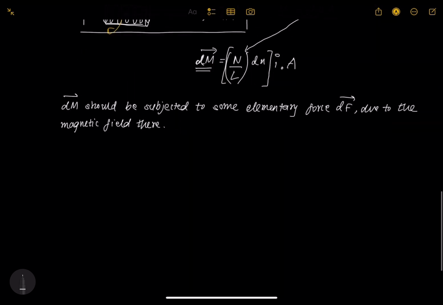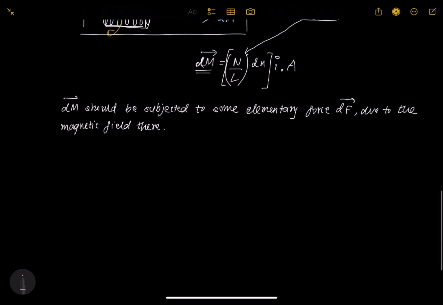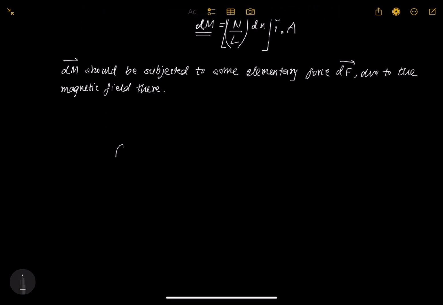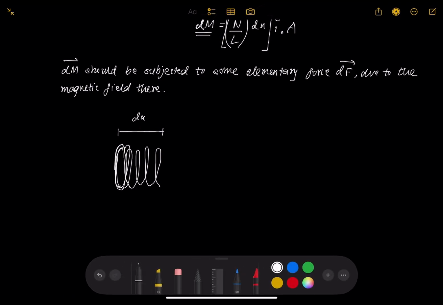So now we'll take an alternative approach, which people might not necessarily be inclined to think of. We'll say that any Amperian loop, and we're considering a differential length dx along the solenoid, this picture of a magnetic dipole is completely similar to two magnetic monopoles separated by that same distance, dx.